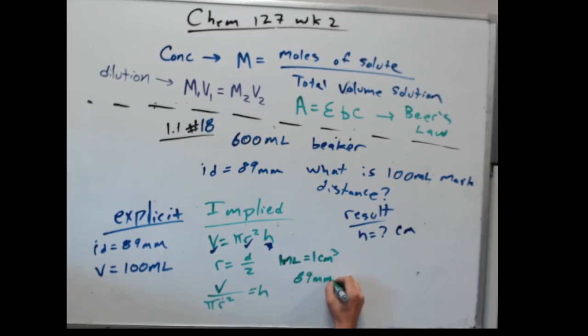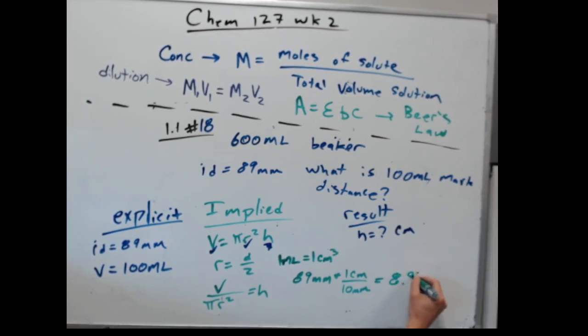89 millimeters times 1 centimeter has 10 millimeters in it. I just know that one. If you need to go from millimeters up to meters, then meters back to centimeters, that's totally fine as well. You end up with a factor of 1/10, and you get 8.9 centimeters.